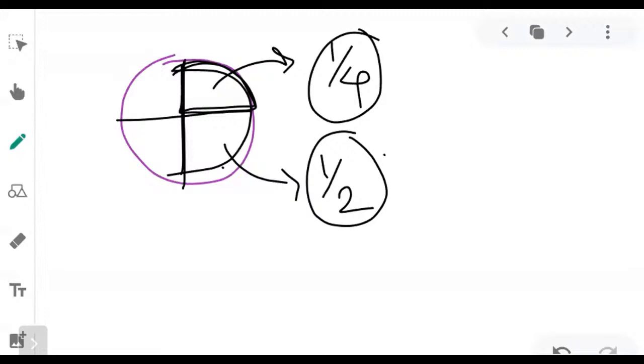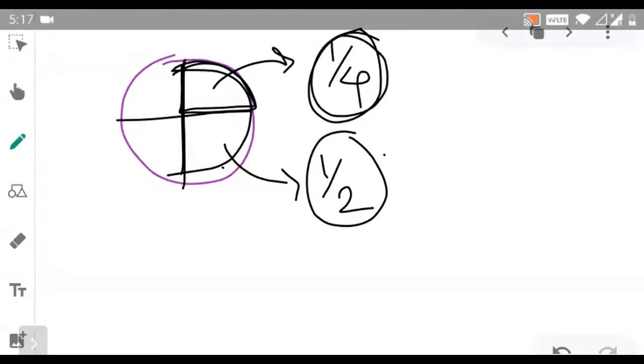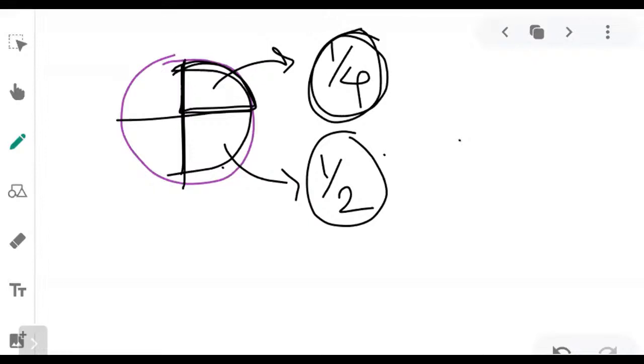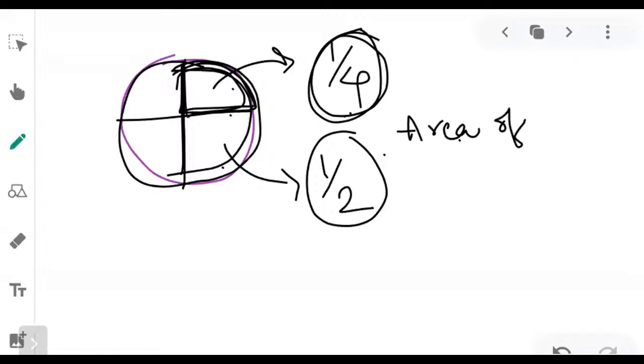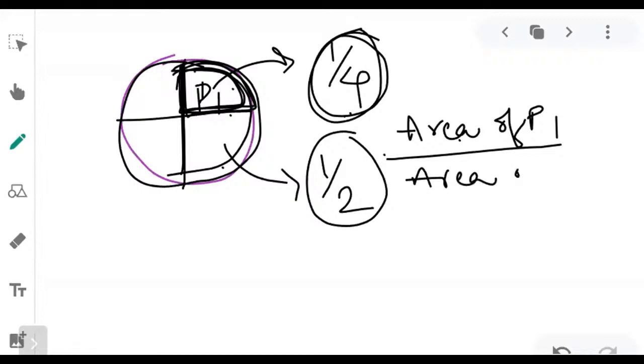Ratios. Yeah. So this means that this small part is 1/4 of the whole circle. So if I write area of this part, let's call this P1, area of P1 by area of the circle is equal to 1/4.